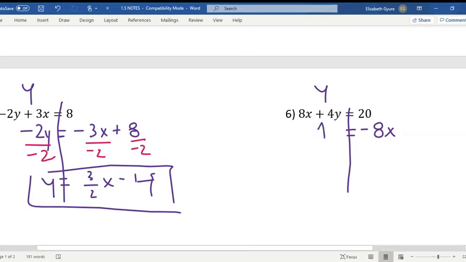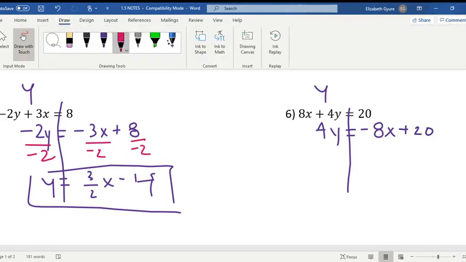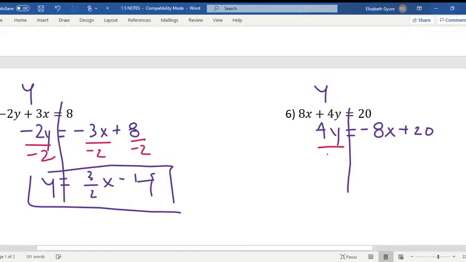Stay. And then Lynn, now I'm on my other side, should the 20 stay or go? Stay. And then Asia, am I 100% done? No, what do I need to do now? Yeah, divide through by 4. And if I divide my left side by the 4, I got to divide everybody on the right by 4.